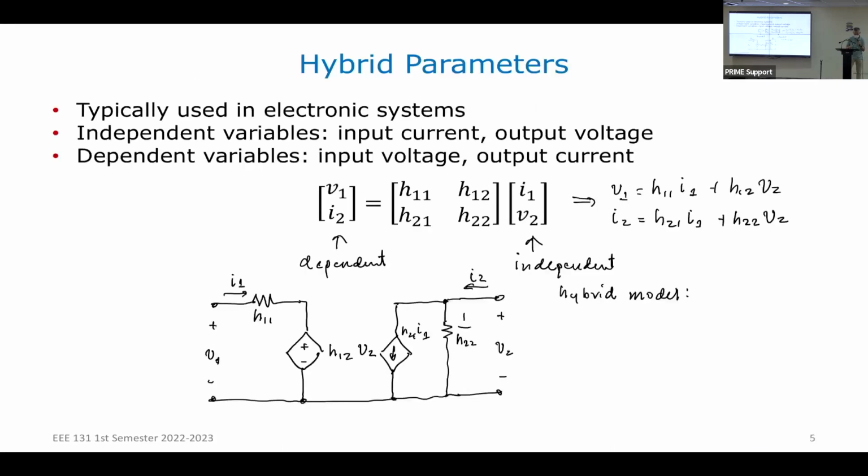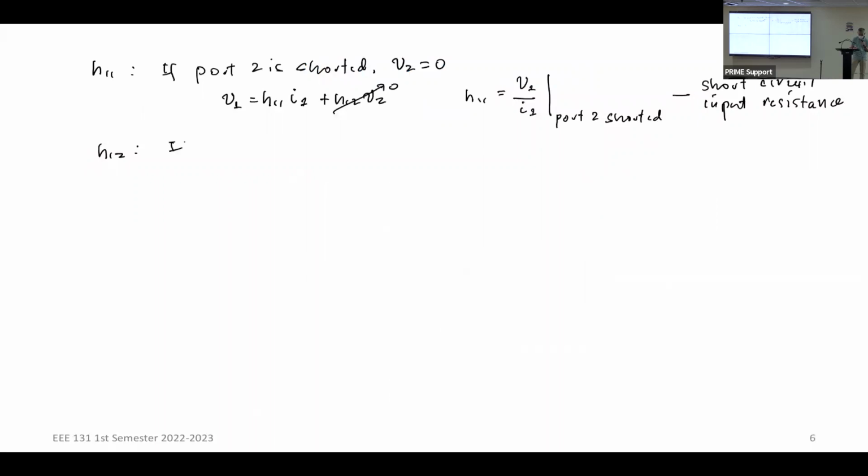Okay, H12. If I leave V1 open, okay, then that means I1 is equal to 0, no? If port 1 is left open circuited, then ibig sabihin I1 will be equal to 0, no?